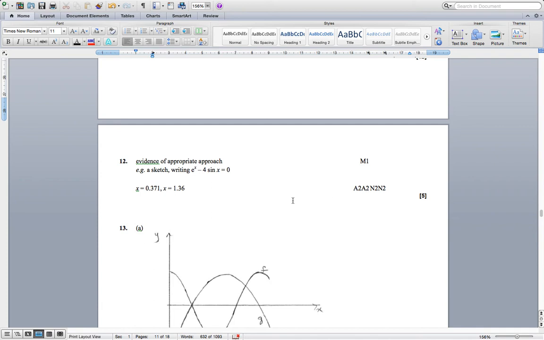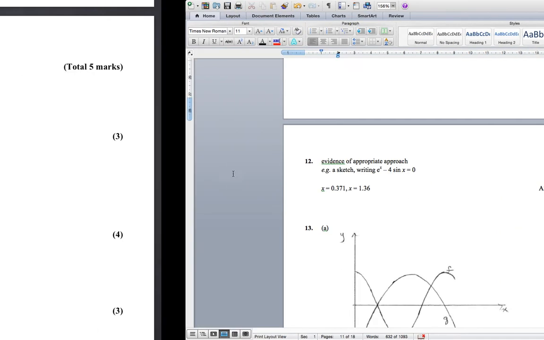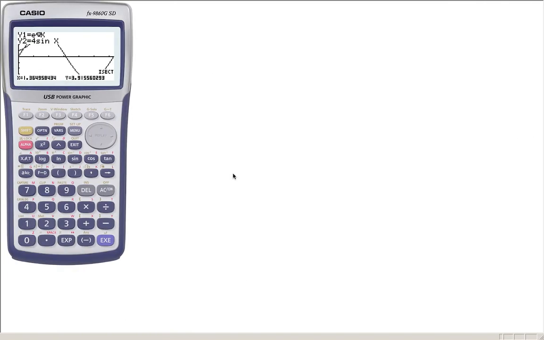So to get that remaining 1 mark, you have to either sketch the graph or attempt to solve the problem, e power x minus 4 sin x equals 0. Or as I normally recommend, you draw this part, sketch this in your answer script. It will hardly take a few seconds, and then you will get the full marks.